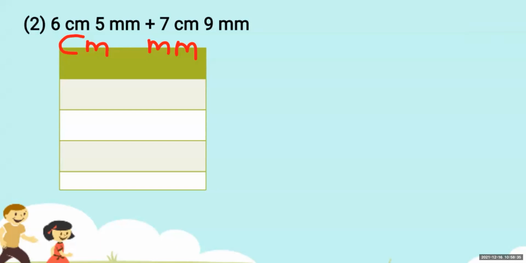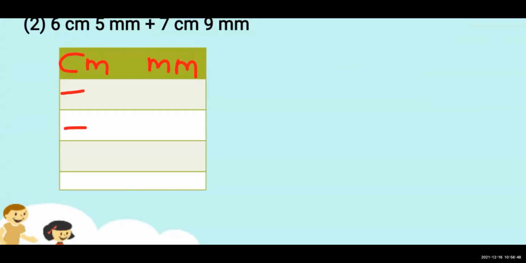Then 5 millimeter in the millimeter column and 9 millimeter in the millimeter column. Where should I write, here or here? In the first, leave one column. So this will be the second step. Clear? Leave one column, then I should write over here. Okay, thank you. Mute yourself.